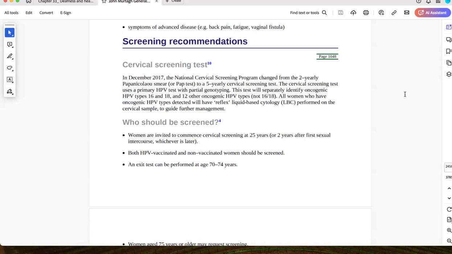Which means, yeah, if she never had intercourse, we should do it 2 years after she had it. That is actually the case. So if she did not have any sexual intercourse, there is no point of doing it. So normally I would not say that, yes, you just need to do it just because it is in the guideline.